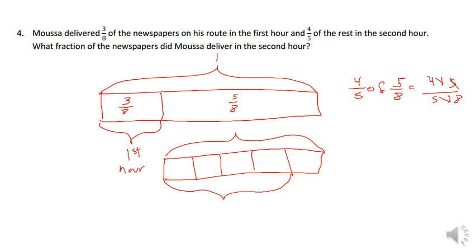I can take the 5's out. 4 goes into 4 one time, 4 goes into 8 two times, so that equals 1/2. So this is going to equal 1/2. So he delivers 1/2 in the second hour.